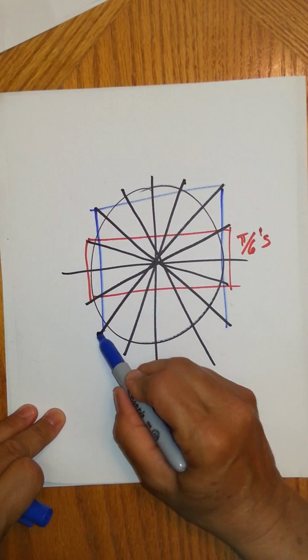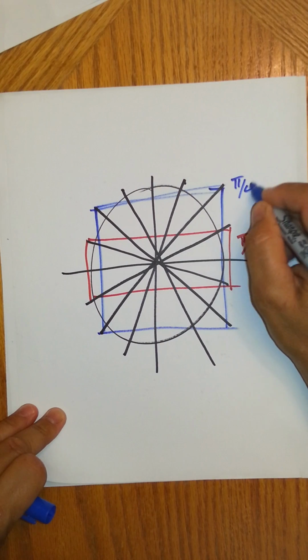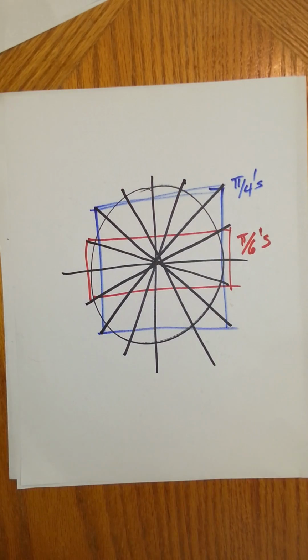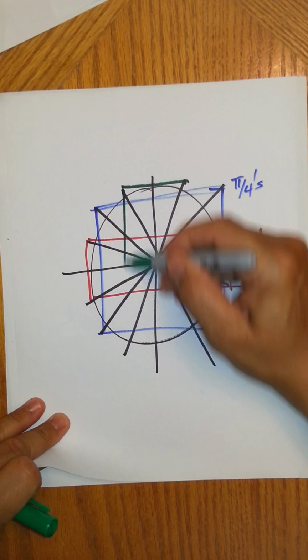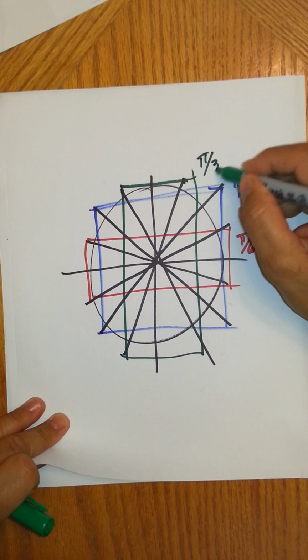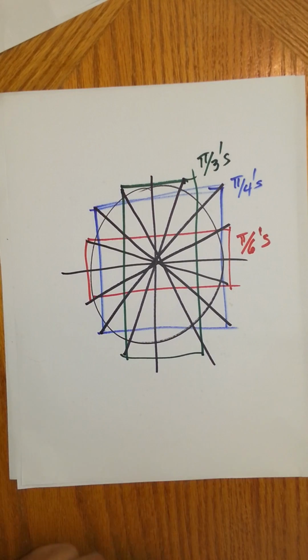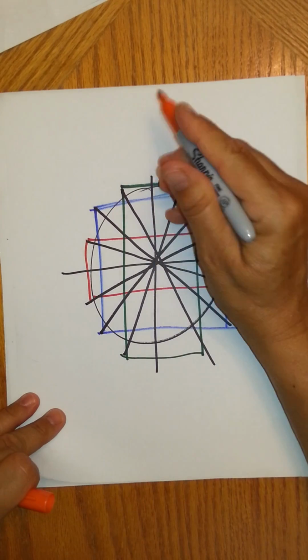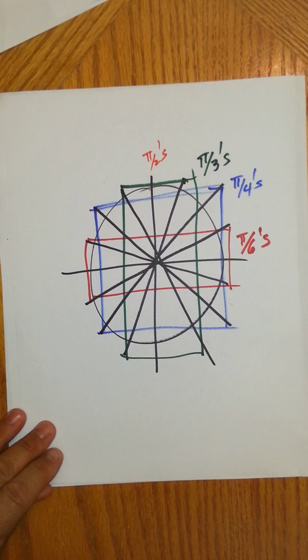So it creates like a rectangle. So these are the pi over 4s. And then up here close to the y-axis, these are the pi over 3s. Right? And of course, at the very tips, you could say the pi over 2s. Right? Okay. So that's another way to memorize them if you like.